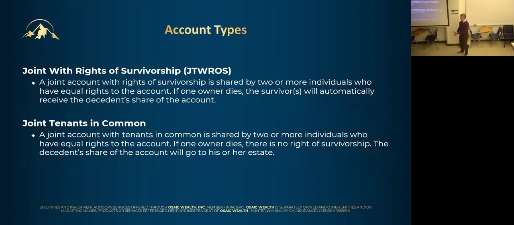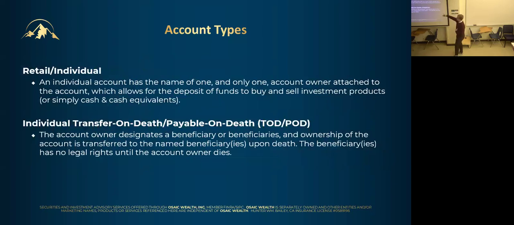So if I put $50,000 in, you put $50,000 in, and it grows by a bunch, then my half immediately goes to you when I pass, if you survive me. Now, if you know anything about inheriting assets, you know that for taxable assets, things that are not in retirement accounts, you get what's called a step-up in basis. Say I have an individual transfer on death account, and I buy a whole bunch of Google stock, and years down the road my $50,000 has turned into $100,000.